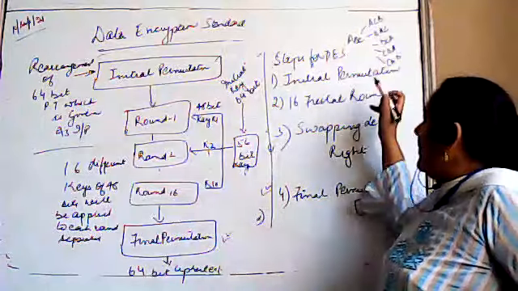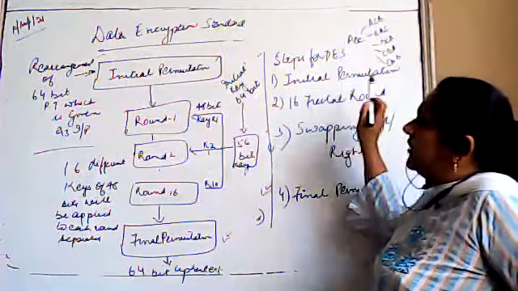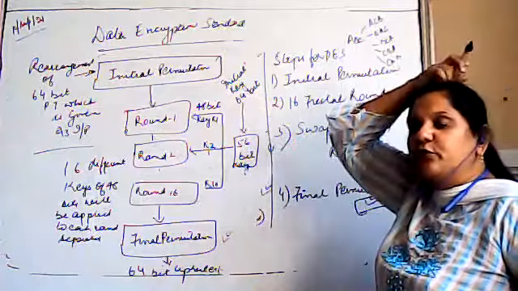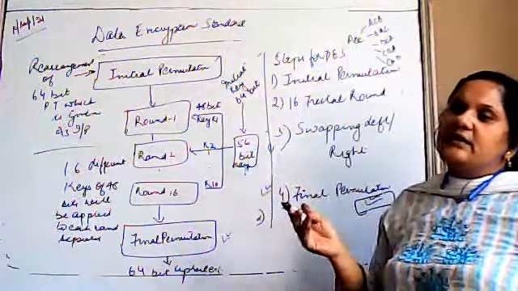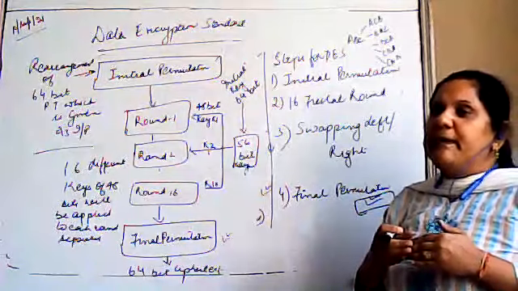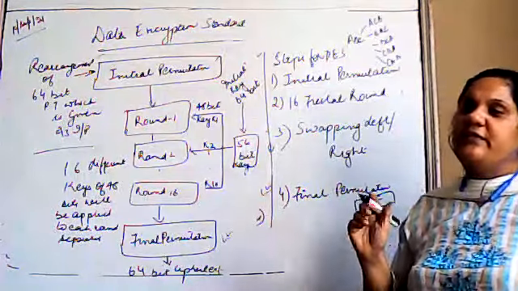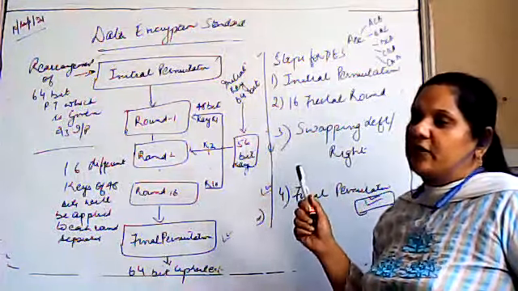I repeat, first the initial permutation, in which the rearrangement of the 64-bit plain text is done, then its corresponding binary form is passed to the Feistel rounds, where every round will have a key of 48 bits.